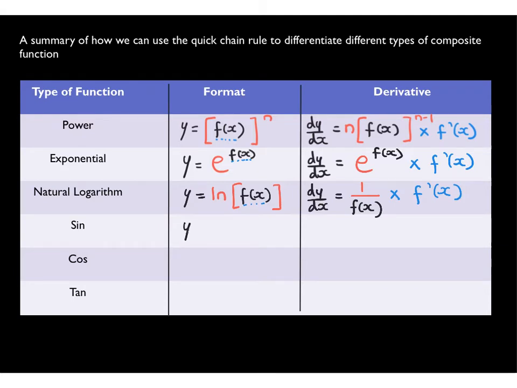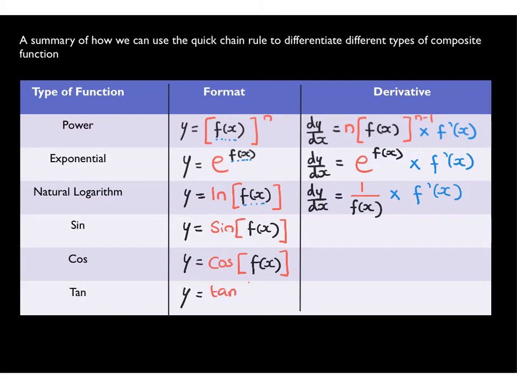Now, the three trigonometric functions, sine, cos and tan, this is where we have y equals sine of f of x, y equals cos of f of x, and y equals tan of f of x.